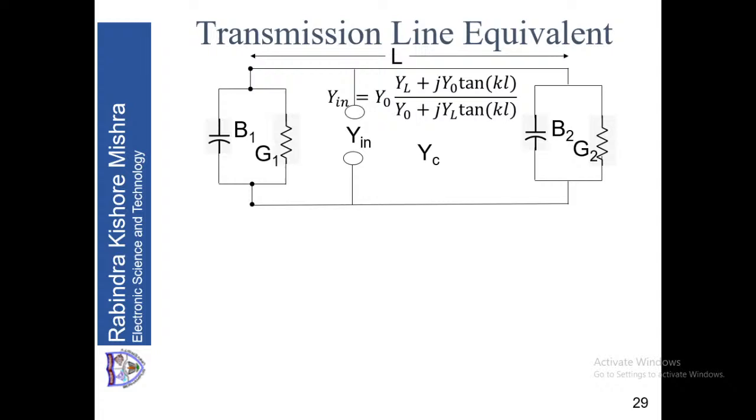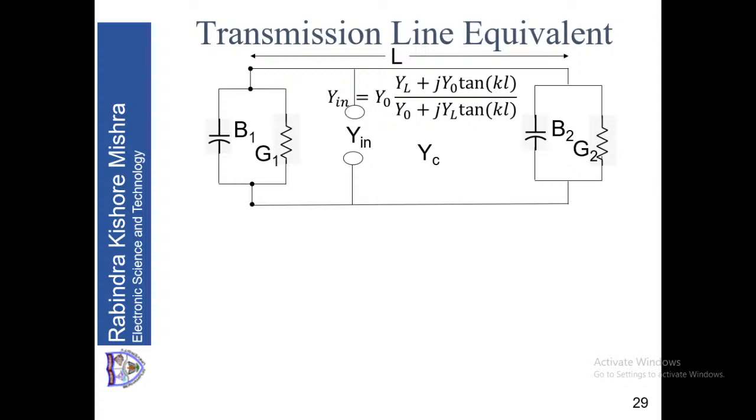That will give you YC. Now what will be Y in? As you know from transmission line theory, Y in will be Y0 into YL plus jY0 tan KL, divided by Y0 plus jYL tan KL. K is equal to 2 pi upon lambda.